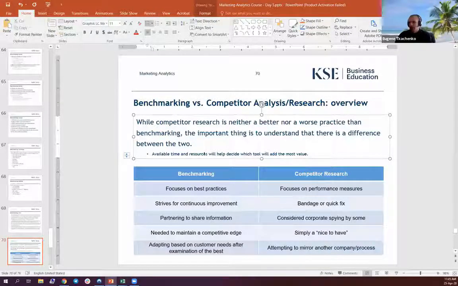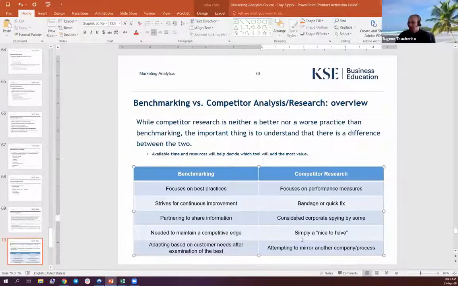It all depends on available time, resources, and your availability. So just something to think of. Competitor research is usually very fast and sometimes may not be really relevant to your business if you don't have the right processes built around, for example, problem identification or performance measurement.